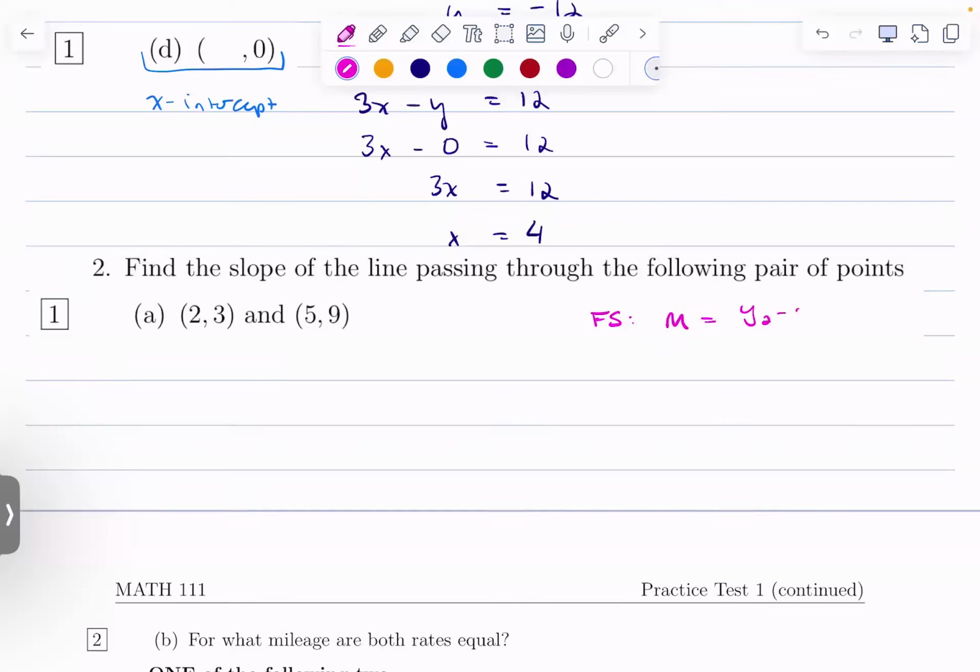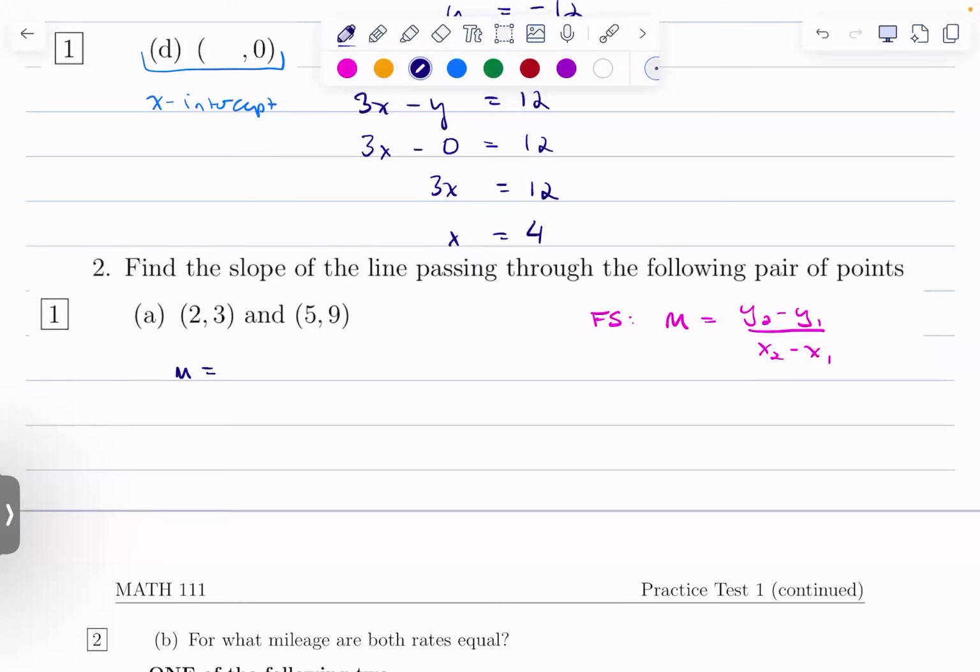Maybe y2 minus y1 over x2 minus x1. Does that ring a bell? Nice. So on your formula sheet, you'll have that. And as long as you treat one point as point 1 and the other point as point 2, it doesn't matter which one is which.